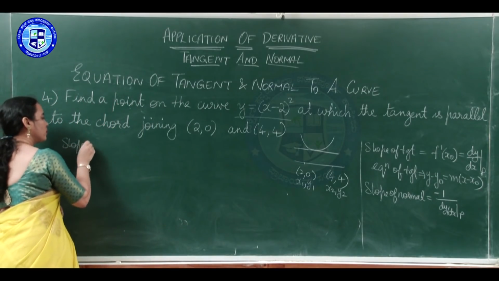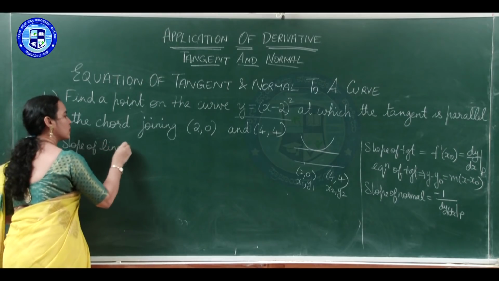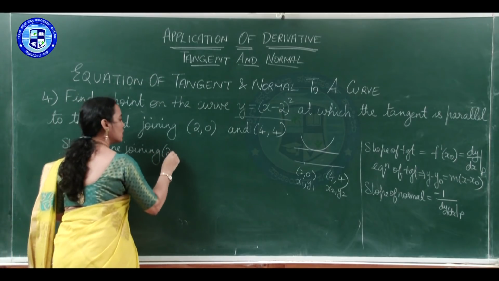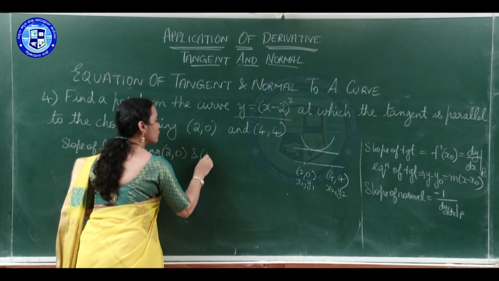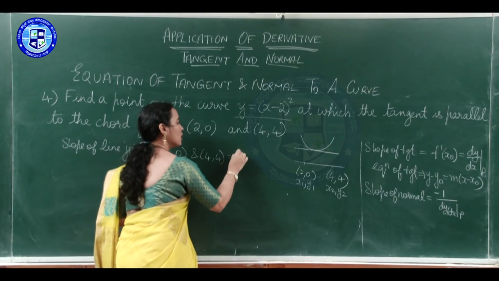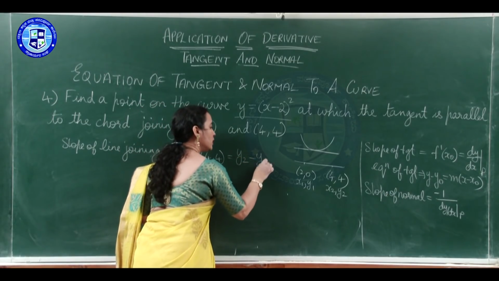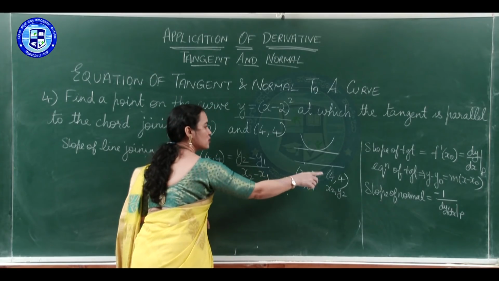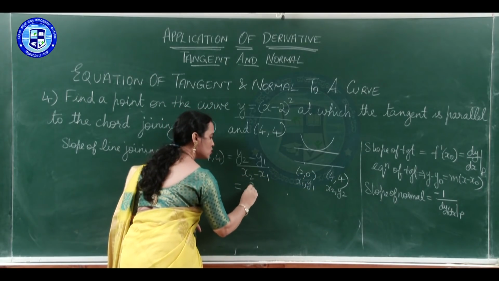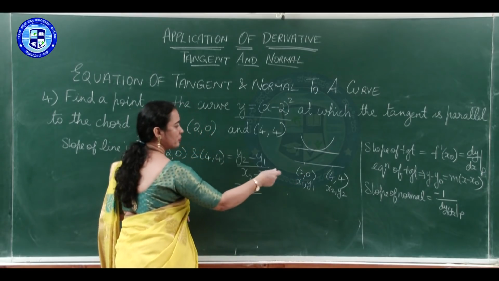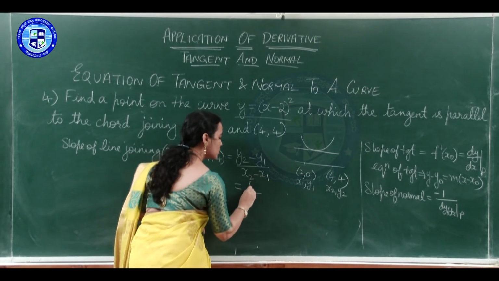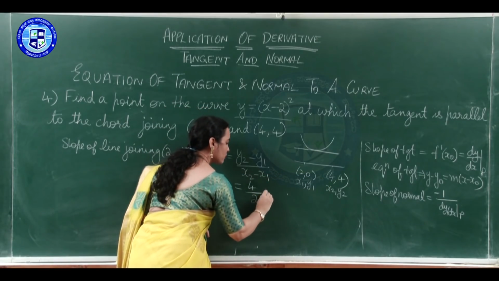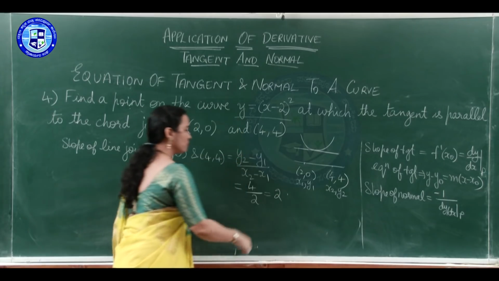So, slope of line joining the points 2 0 and 4 4 will be y2 minus y1 by x2 minus x1, that is 4 minus 0, which is 4, by 4 minus 2, which is 2. So, 4 by 2 is 2.